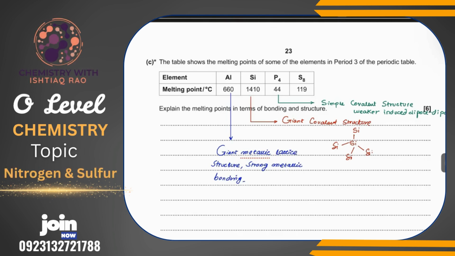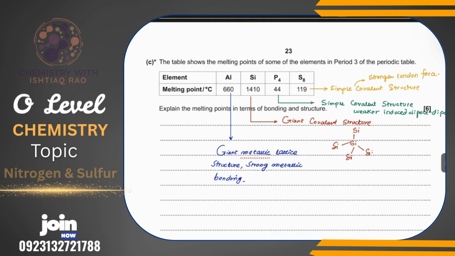And if you discuss the sulfur, it's going to have the same trend. This is also a simple covalent structure, but it has a stronger London force. Why does it have a stronger London force? Because it has more electrons, and when it has more electrons, there would be more attraction.